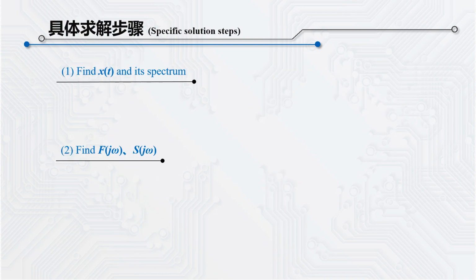Let's take a look at specific solution steps. For question 1, first, we need to find x(t) and its spectrum, because x(t) equals s(t) times f(t). So according to the convolution theorem in frequency domain, X(j omega) should be equal to 1 over 2 pi times the convolution of F(j omega) and S(j omega).